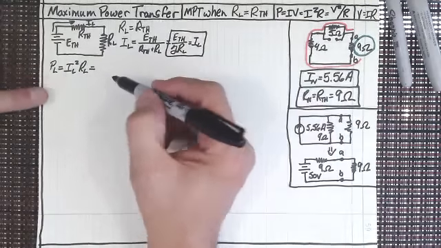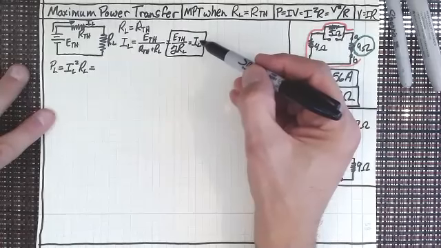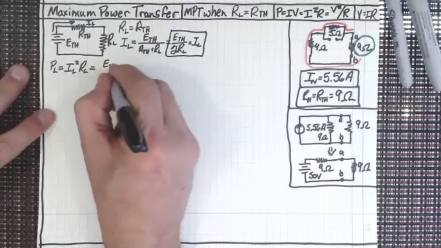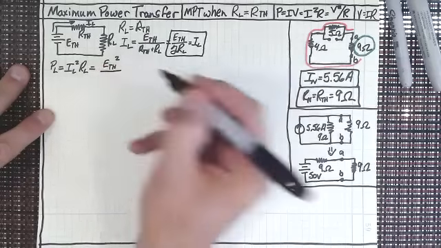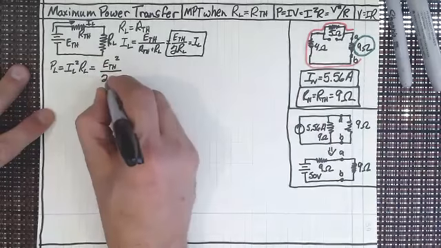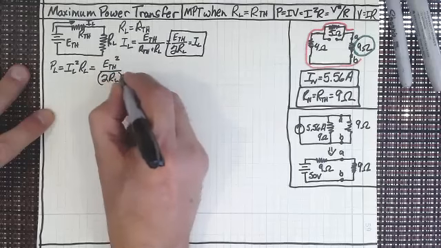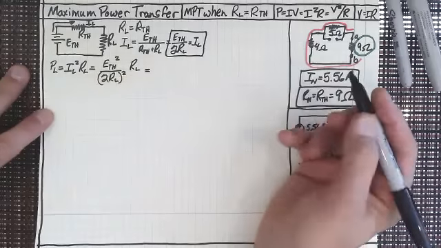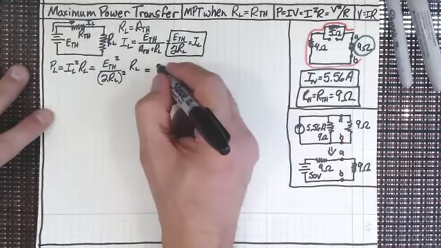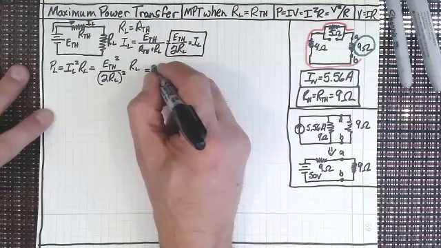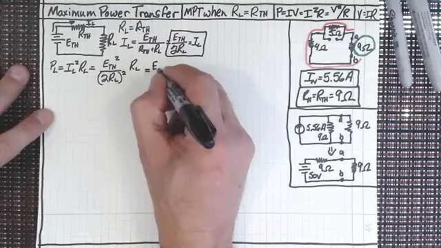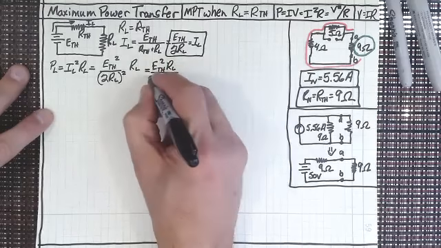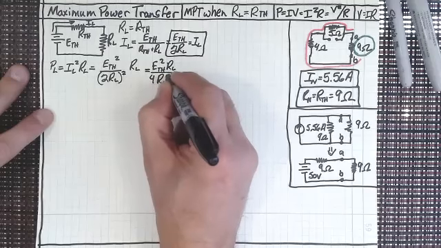And then if we replace I sub L with what we've determined it to be, that's just going to be Thevenin's voltage squared divided by 2 R sub L squared, times R sub L. Let me write the whole thing out: E sub TH squared R sub L divided by 4 R sub L squared.